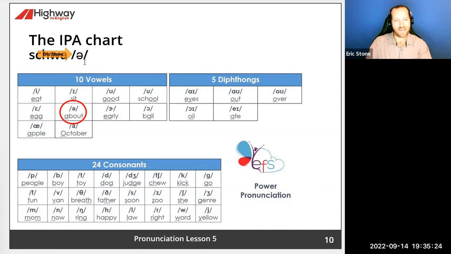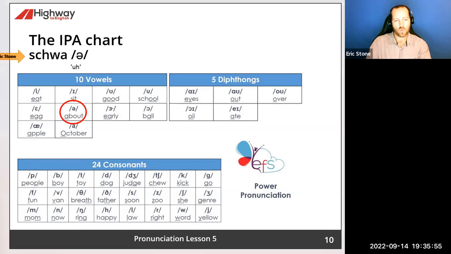You can think of it as like this. It's like this sound. For example, about. You hear it there, right? About. It's that first sound in the word there. Okay. So this sound has its own little nickname called schwa.